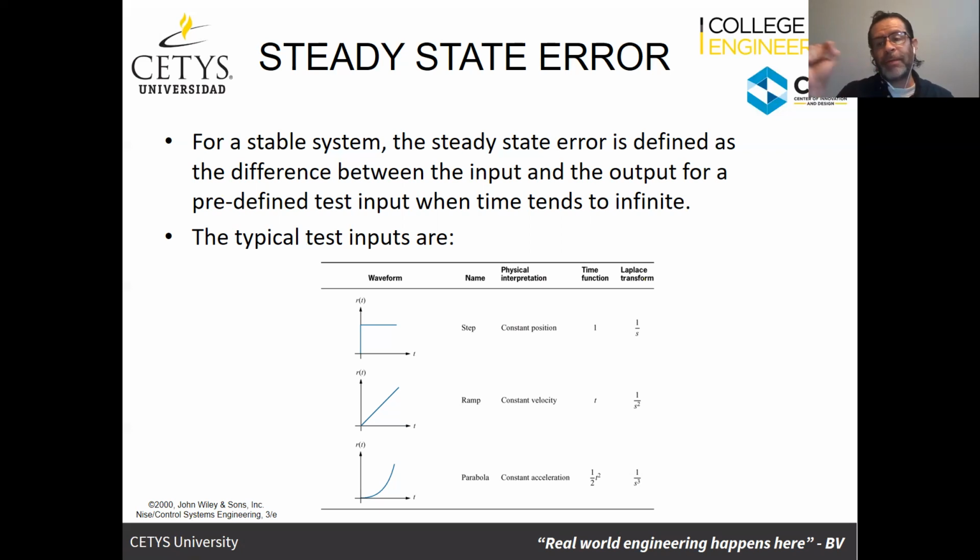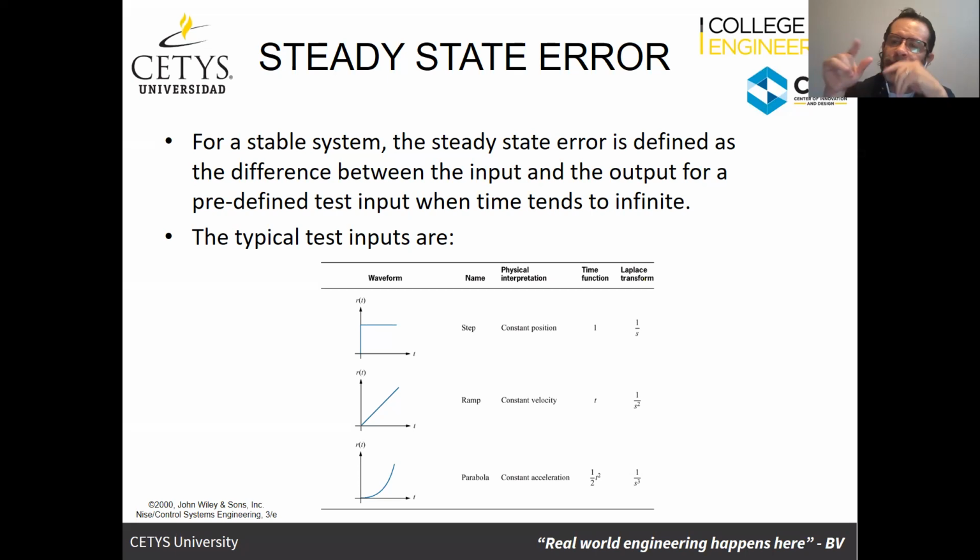So again, the ramp is representing a position that is changing at a constant rate. And what do we call that? We call that velocity. Meaning the ramp is going to represent that I'm trying to follow something that's moving, and I'm trying to continuously be able to reach that or be able to follow that object that is in movement.